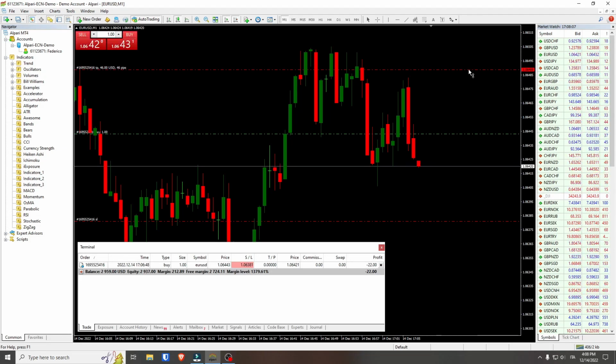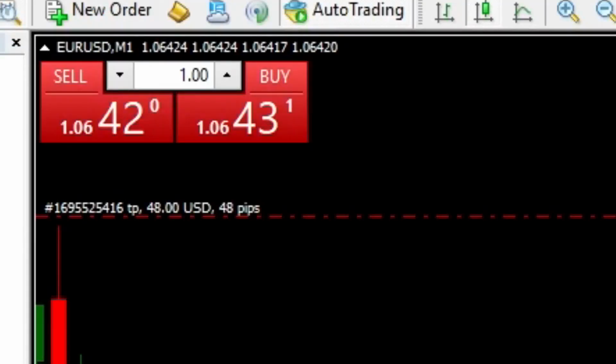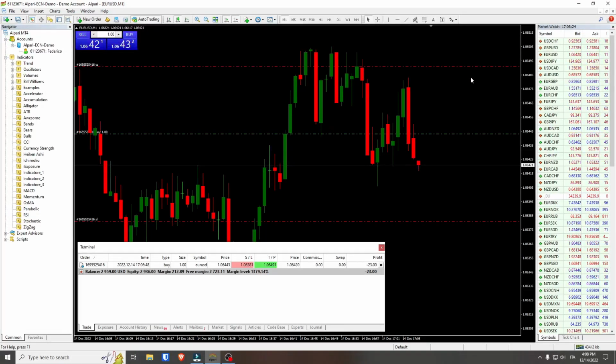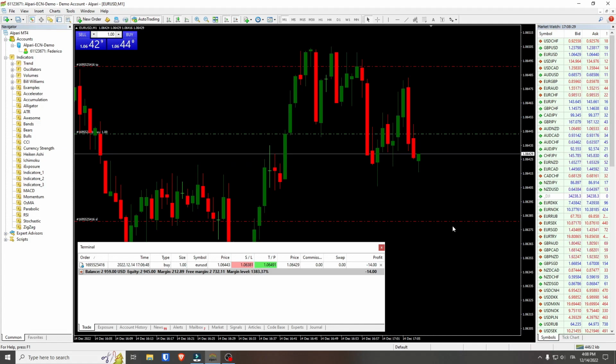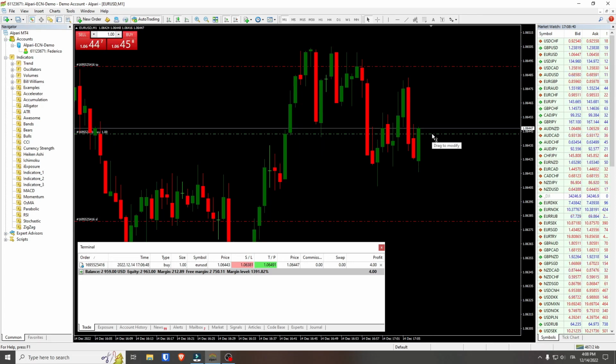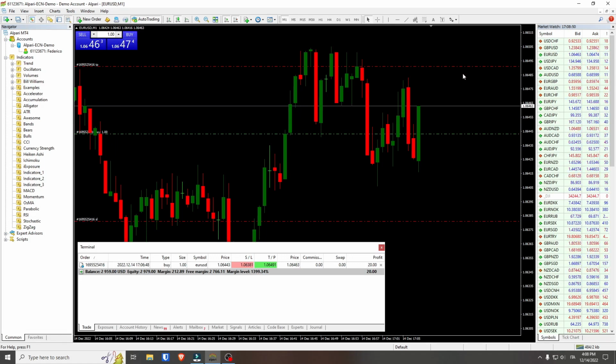Of course you drag it from the level and you go up, and as you can see on the left you got your TP, which stands for take profit, 48 USD dollars and 48 pips. If I just leave it like this, I have my buy order. If the price reaches this level, the position will close with a loss. Instead, if the price reaches this level, the order will close with a profit.